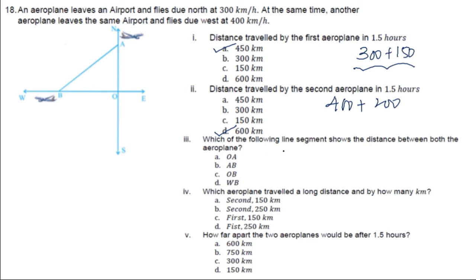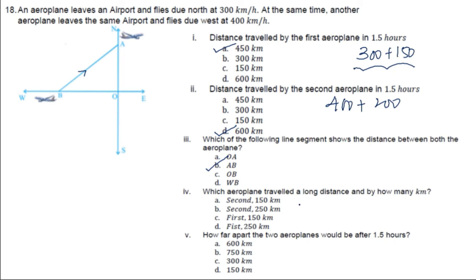Which of the following line segment shows the distance between both the aeroplanes? The distance between both the aeroplanes is shown in this line segment AB. Which aeroplane traveled a long distance and by how many kilometers? Here the second aeroplane has got more speed, so the distance traveled by the second aeroplane must be larger. Look at the difference between them.